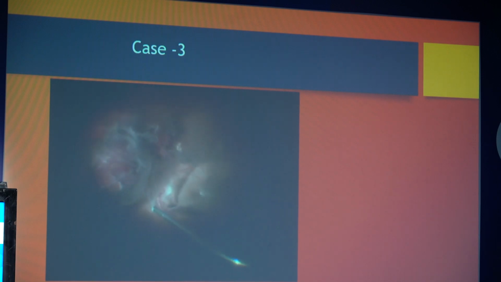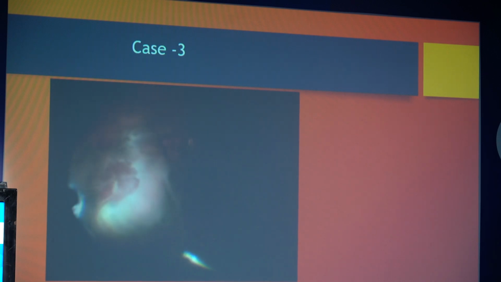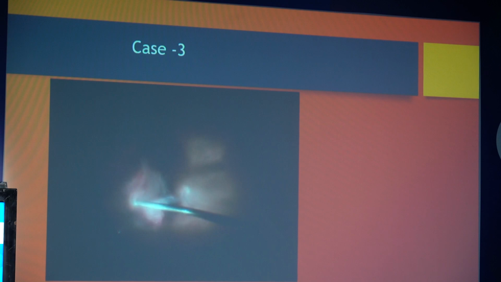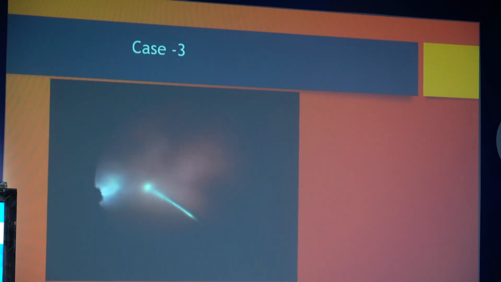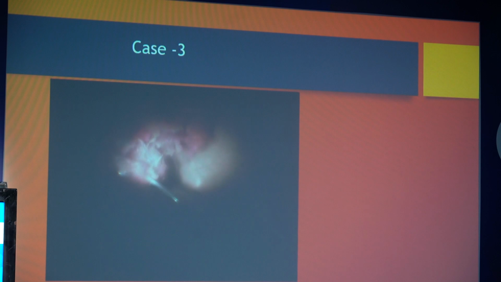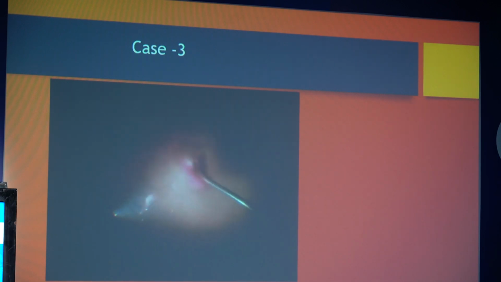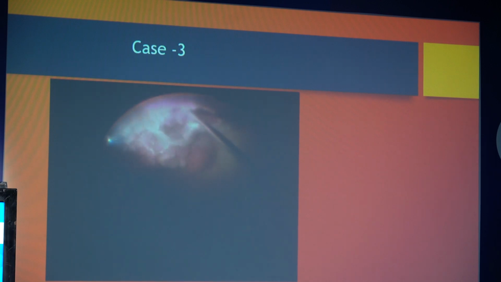This again is an ochre-colored blood, which is a breakthrough hemorrhage from a peripheral VSCR that we diagnosed intraoperatively. In this case of vitreous hemorrhage, the B scan was not available with us. The patient was refusing a B scan because he had undergone a B scan elsewhere, and that B scan showed only the posterior pole, which was not showing any retinal detachment or a mound.